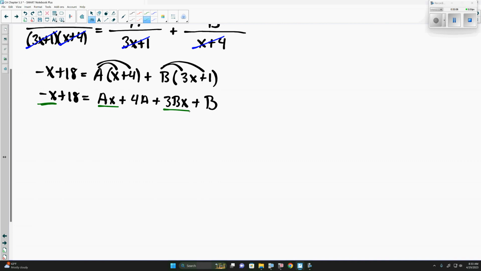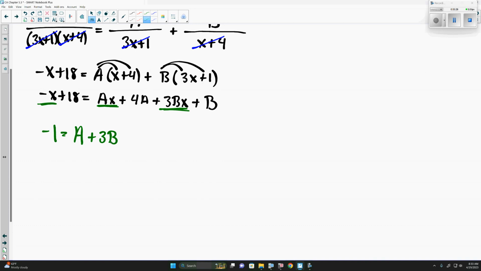Or more specifically, the number in front of it, negative 1, is going to equal the term in front of ax here, which is just a, positive, plus 3b. I gathered those together.